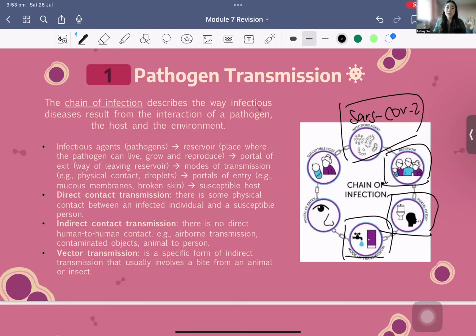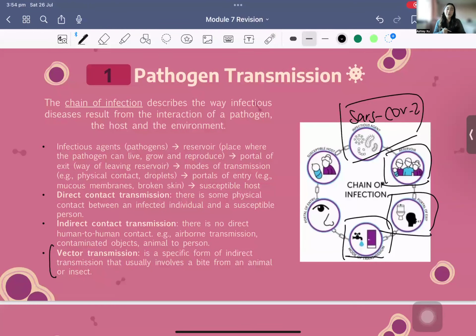Indirect contact is when there is no physical contact. Okay, pretty simple definitions here. That can be through airborne transmission, contaminated objects. So if you touch a door handle and then someone else touches that door handle and rubs their face, they could be infected by that virus. And from animal to person. Okay, vector transmission is a type of indirect contact.